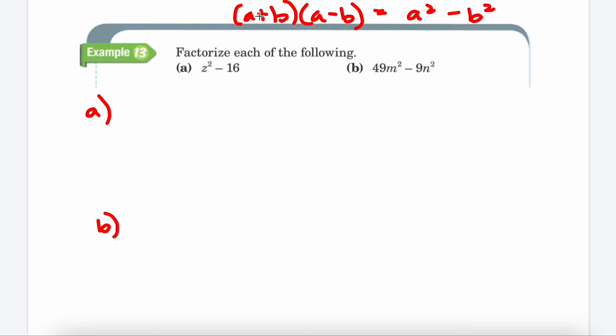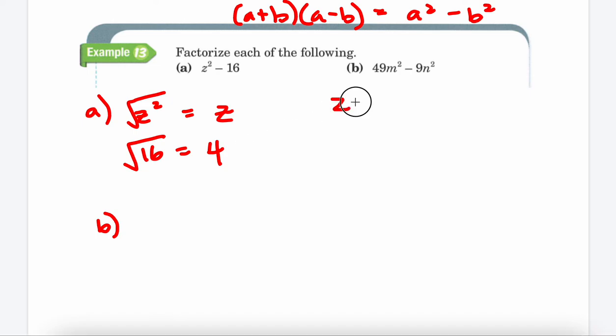Minus because positive b times a negative b is a negative b squared. Okay, so same as before, going to take my z squared and square root it, so that gives me a normal z. I'm going to get my 16 and square root it, so that'll be a 4. So this should be z minus 4 squared.